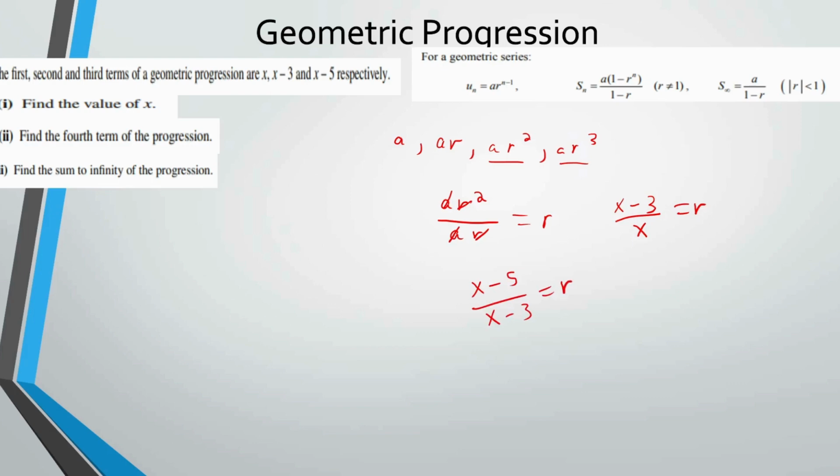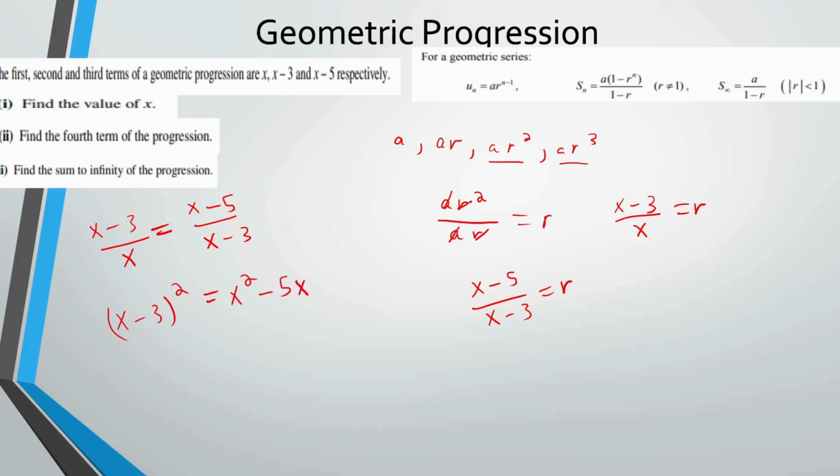Yes, so now we can solve it. We can keep x minus 3 over x equal to x minus 5 over x minus 3. So what I get is x minus 3 squared is equal to x squared minus 5x.